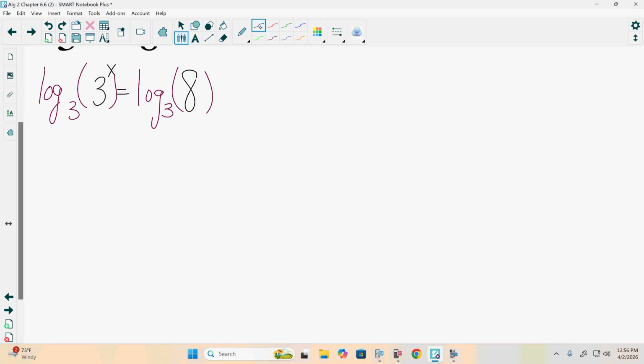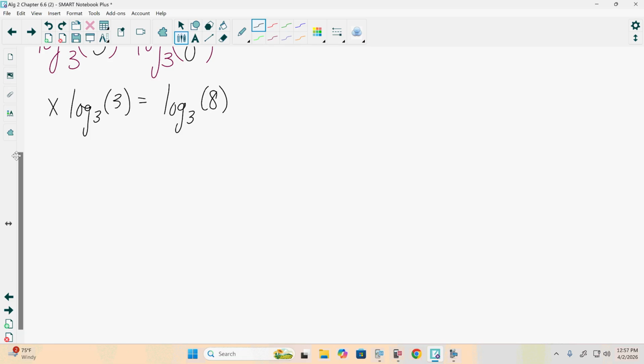Because what we're able to do, properties of log say I can move the exponent to the front, telling me that log base 3 of 3 to the x is the same as x times log base 3 of 3 is equal to log base 3 of 8.